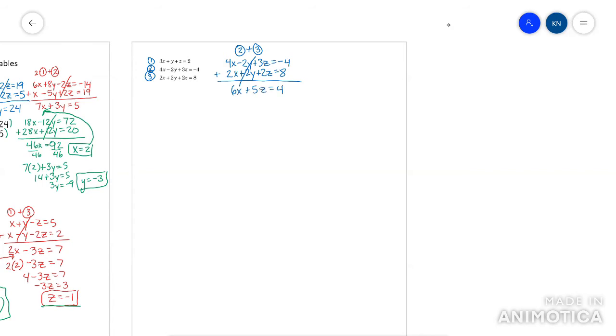All right, now the second one that you're going to have to do would be like if this said 2y and I added it with equation 2, the y's would cancel. So I need to do equation 1 times 2, then add it to equation 2. So I'm going to scale this top equation by 2, like this. So it's going to look like this.